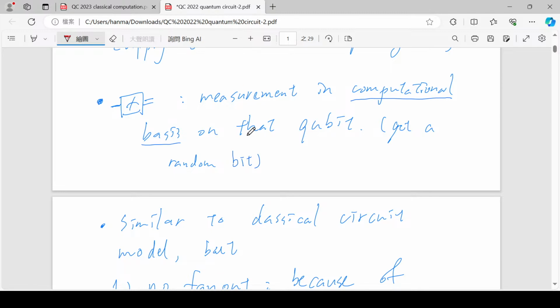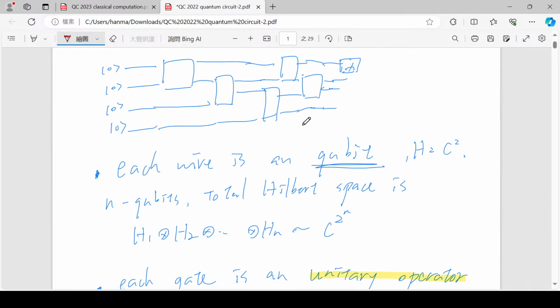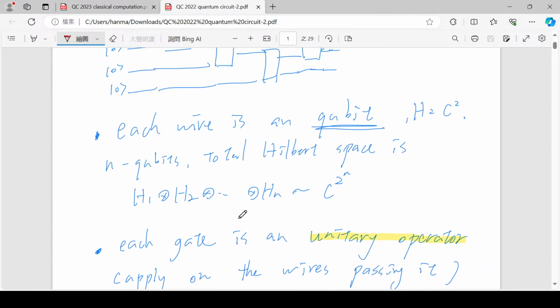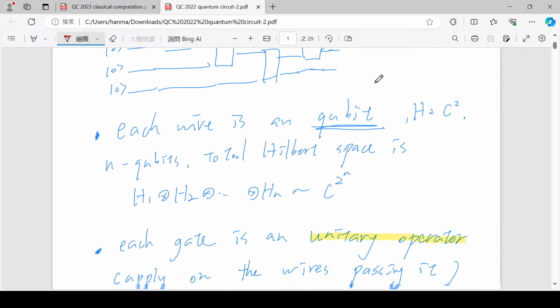So most of the time, when we write measurement, we will just assume it's a measurement in the computational basis, because that doesn't really change the computational power. For example, remember when we said a generalized measurement can be done by projective measurement with some extra unitary and some ancilla.